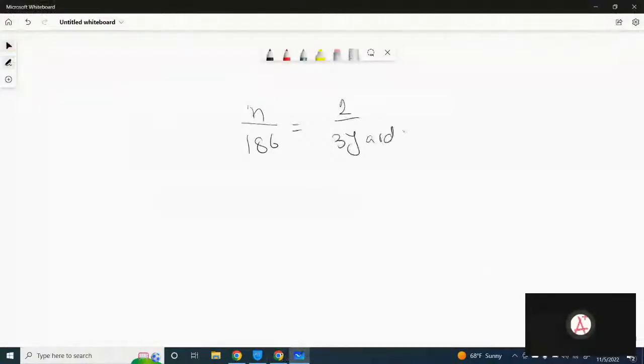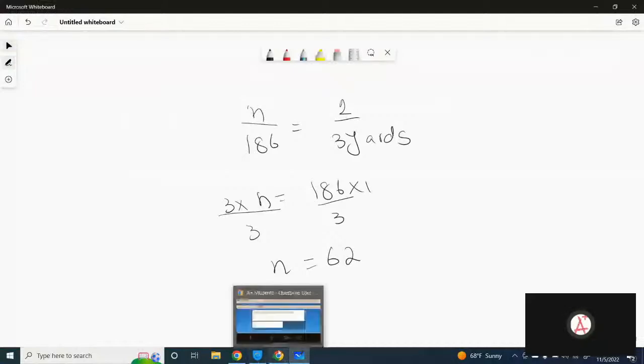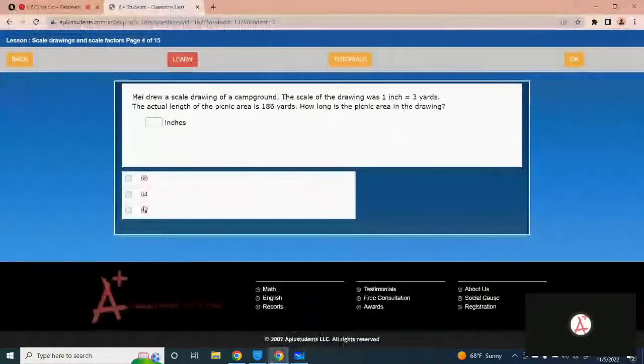So just do cross multiplication: 3 times n equals 186 times 1. So just divide both sides by 3. So 186 divided by 3 would be 62 inches. Very good, Demi. Just select the correct option and click on the OK button. It would be 62.